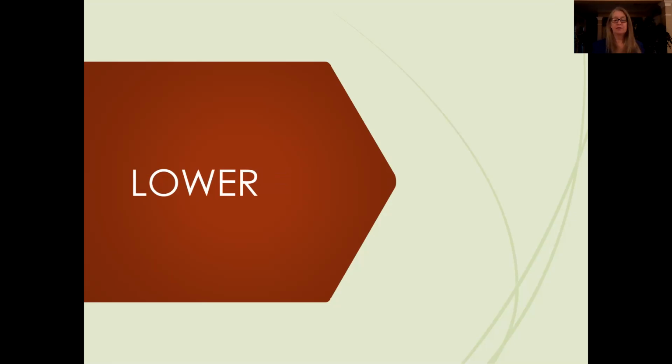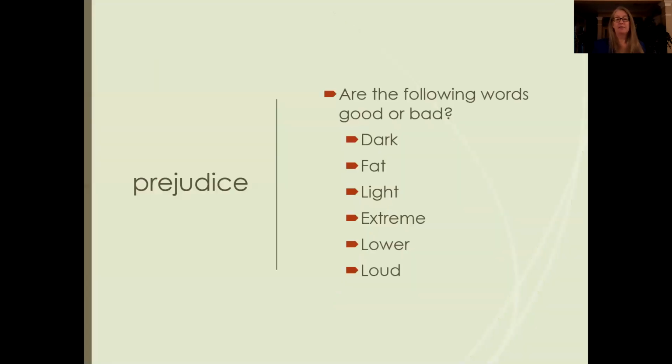Lower, good or bad. Loud, good or bad. Okay, so look at what you put for each of these. This is the same order that I presented them to you. And if we were meeting face to face, I could ask you what you did, but I'm going to tell you what at least Dr. Stephanie Stern, who's taught this class several times, has said.